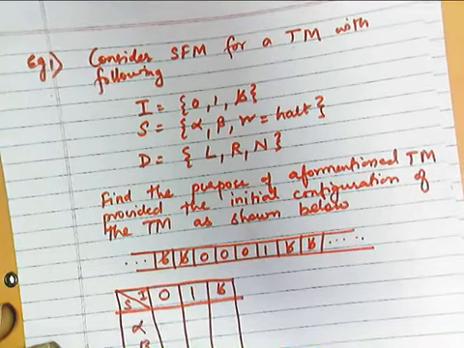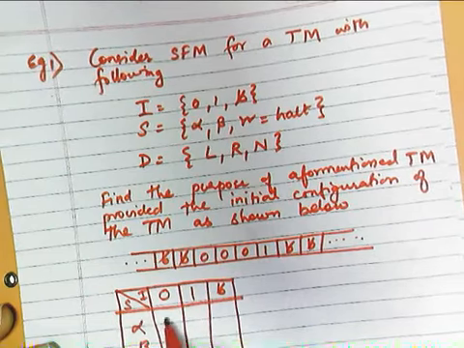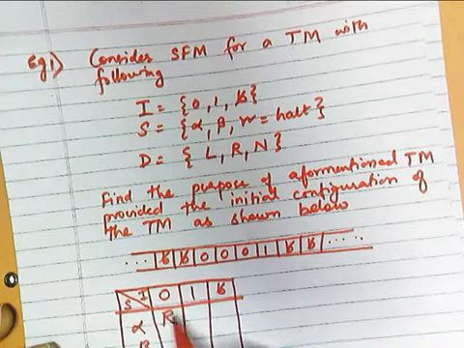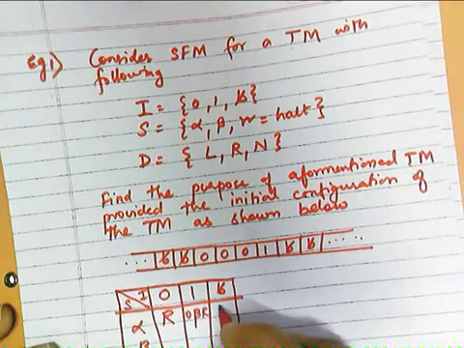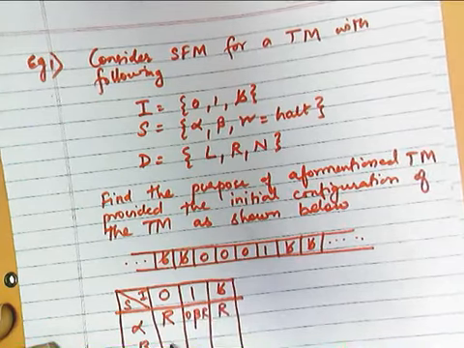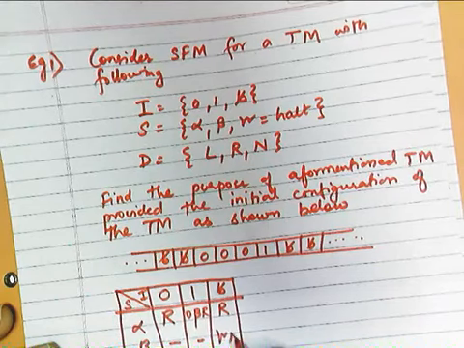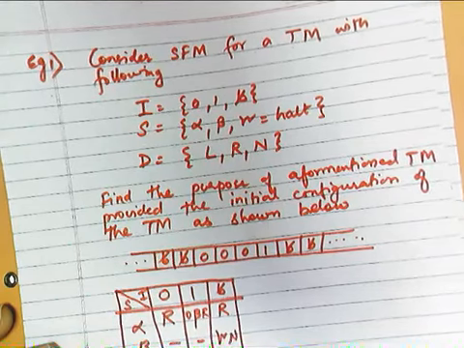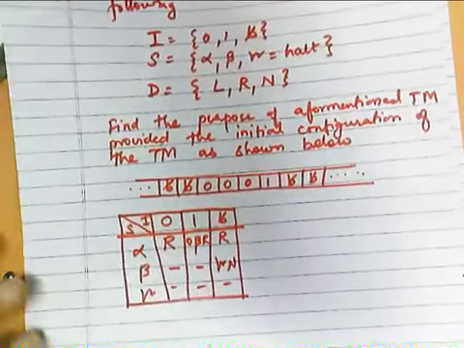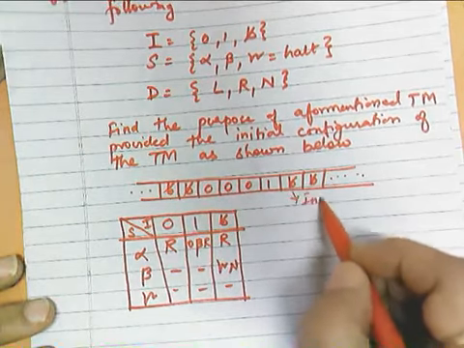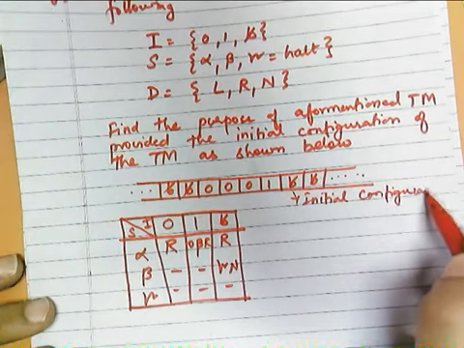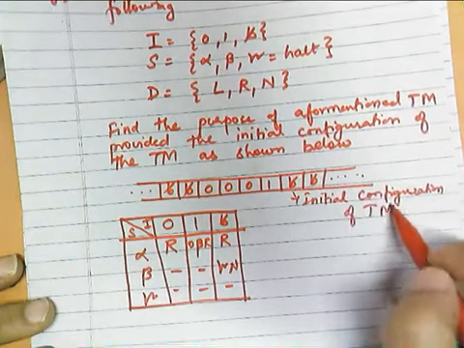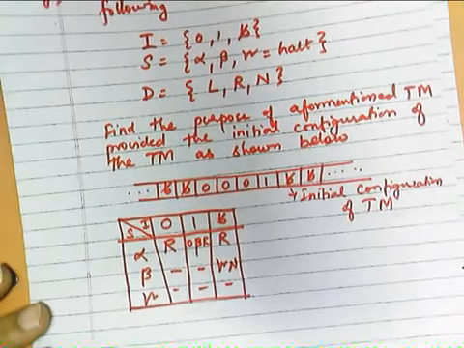States are alpha, beta and gamma, and the SFM has entries like this: 0, beta, R. This is R again. This is dash dash, gamma, N, and again dash dash dash. So this is the matrix given to you, and this is the initial configuration of the TM, or we can say the ID.